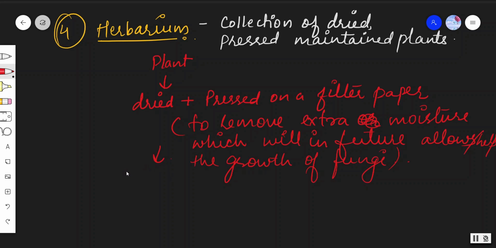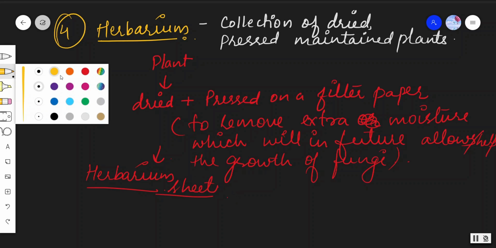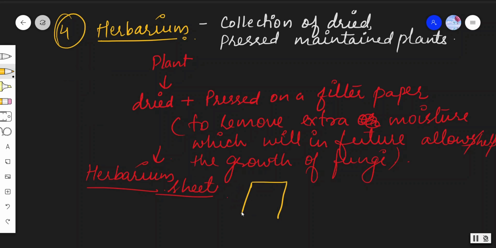Then the herbarium sheet is used to preserve the plant which has been dried. The actual standard size of a herbarium sheet is 29 centimeters by 43 centimeters.